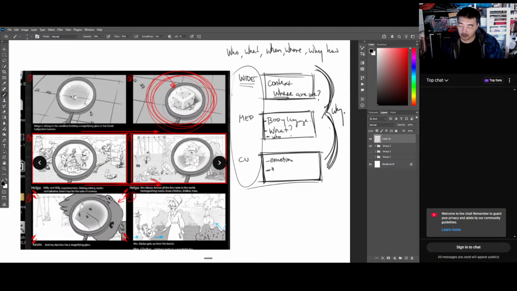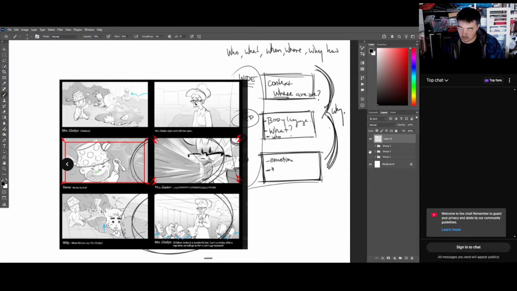So the wide, I would say this is your wide shot. This is your medium shot. This is still your medium shot. These are your close-up shots.